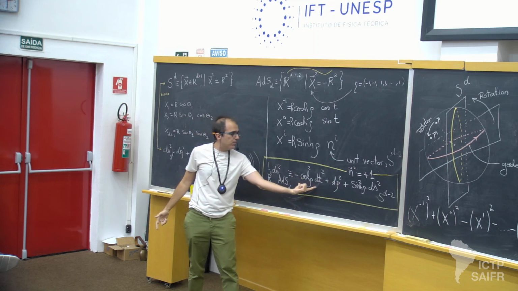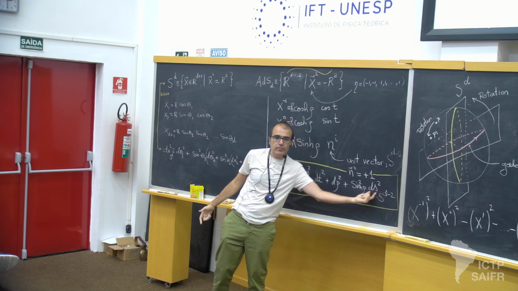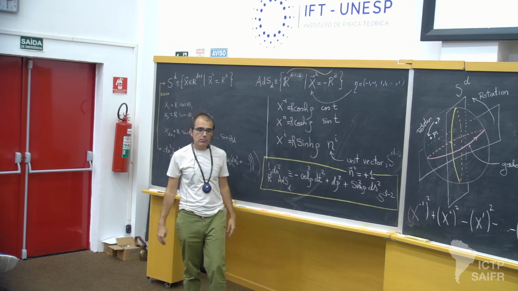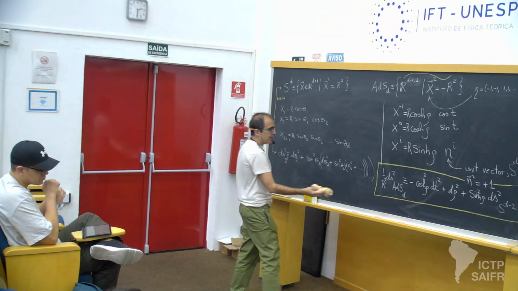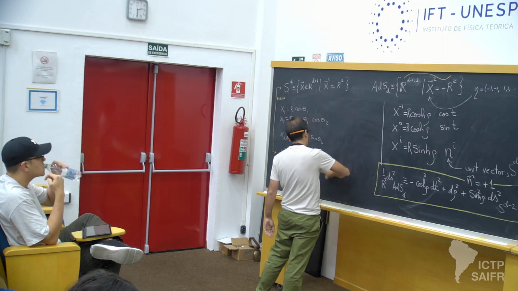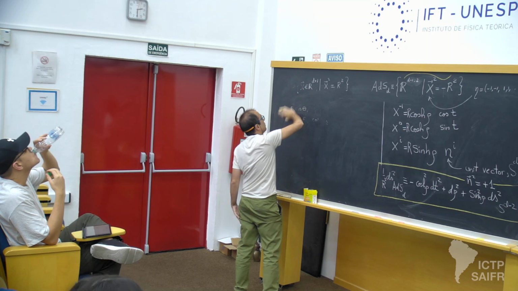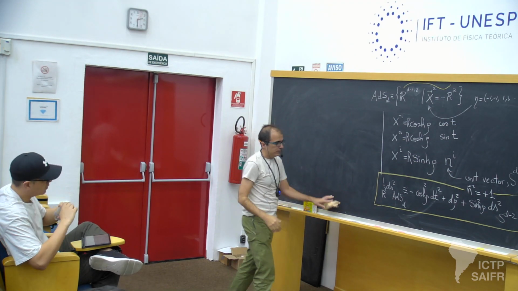I just have time, a radius, and a sphere. So this is AdS. Okay, so let's try to think a little bit and to digest a little bit this metric and see how it does make sense with respect to what we have been saying.